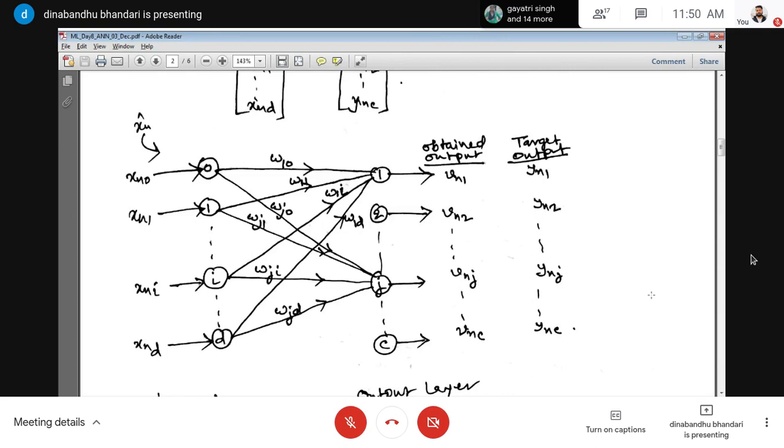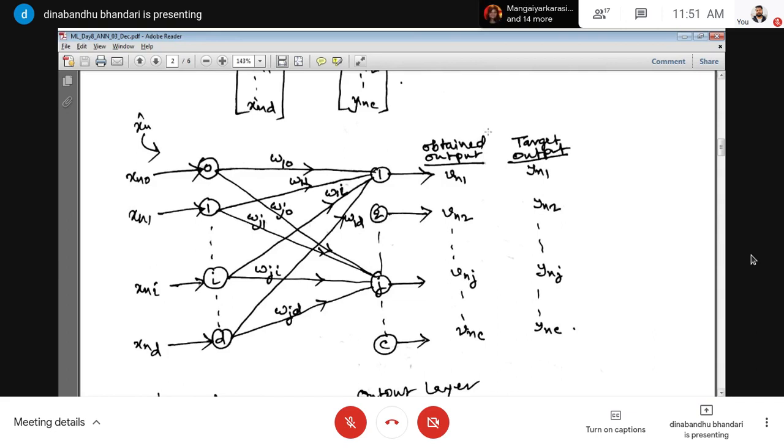Now, to avoid that, can we come up with some approximation technique that would help us find the optimum value of W? To come to the rescue, Rosenblatt has given us the backpropagation technique.